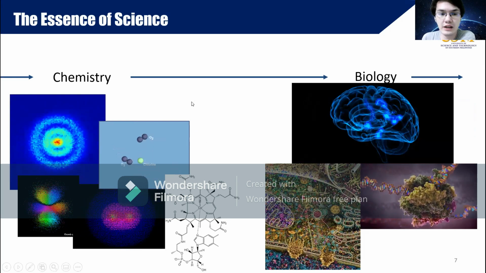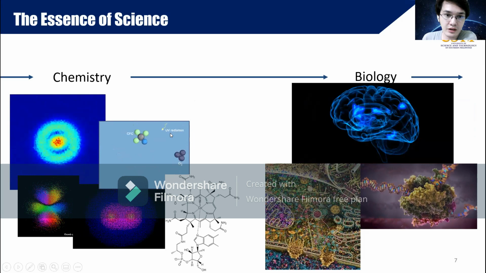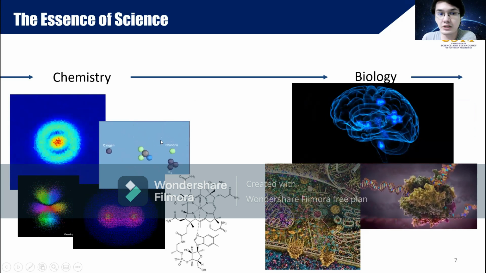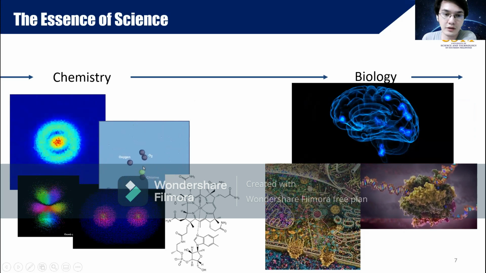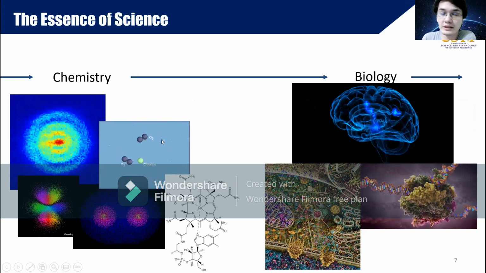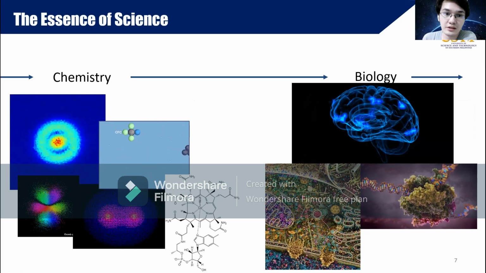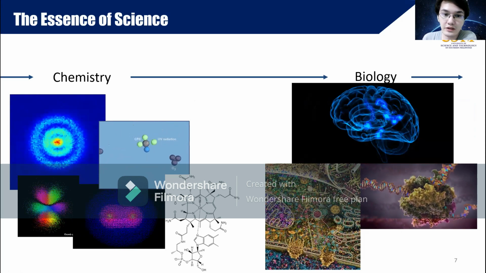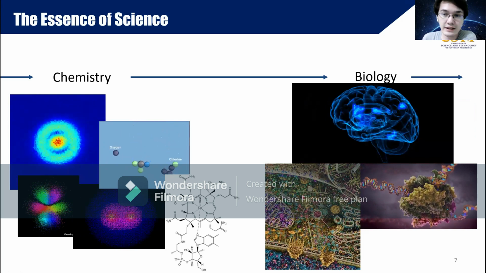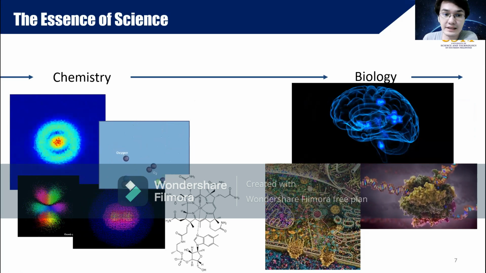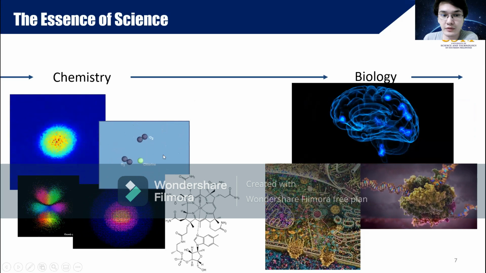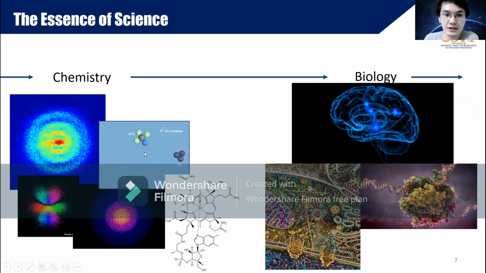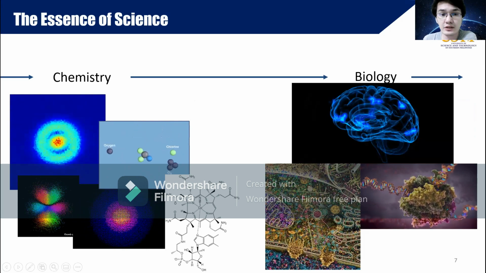For example, we have here the reaction of ozone depletion. We have here a pollutant, which is chlorofluorocarbon. When it interacts with the sun or the UV radiation, it releases a chlorine atom, which has one extra electron.